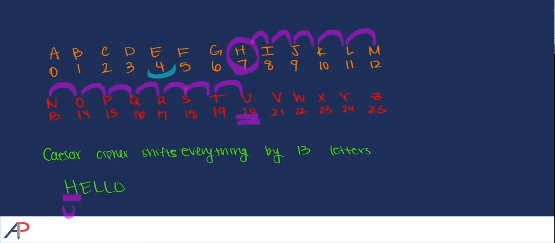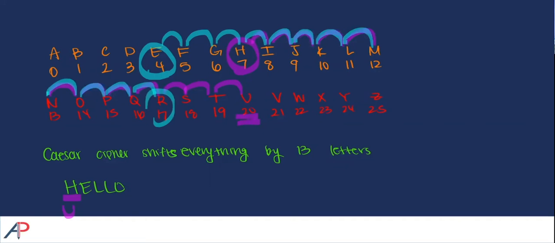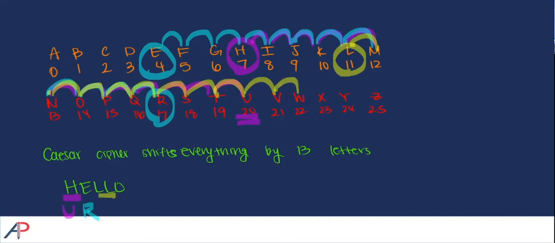When we have E, which is currently 4, we shift everything by 13. So 1, 2, 3, 4, 5, 6, 7, 8, 9, 10, 11, 12, 13. Now it is R. When we have L, we count 1, 2, 3, 4, 5, 6, 7, 8, 9, 10, 11, 12, 13.